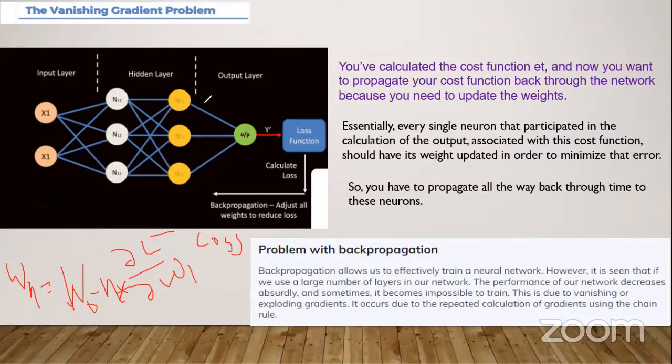And in every iteration of the neural network, we do forward propagation, and then we also do back propagation, in this direction. At that time, we were updating the weights.